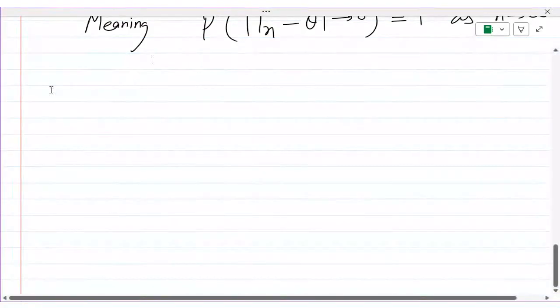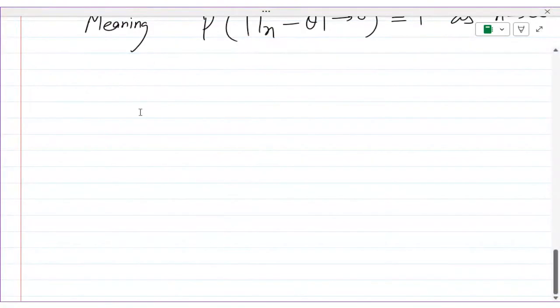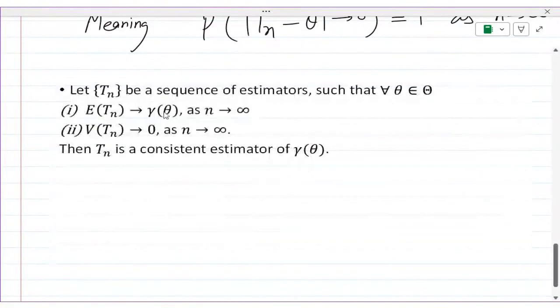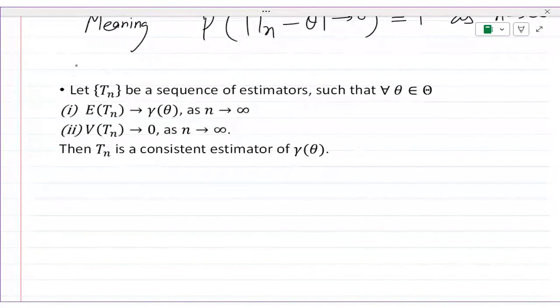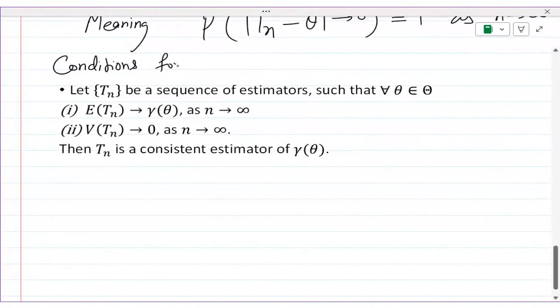We will use these conditions to check whether an estimator is consistent estimator or not. So conditions for consistency of an estimator.